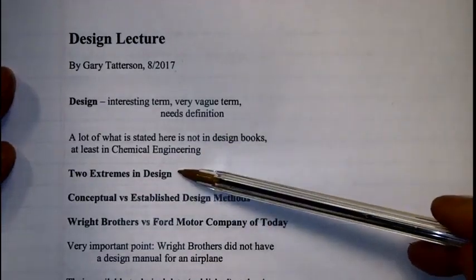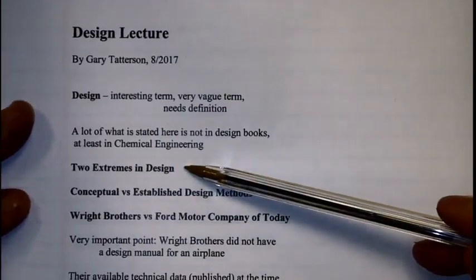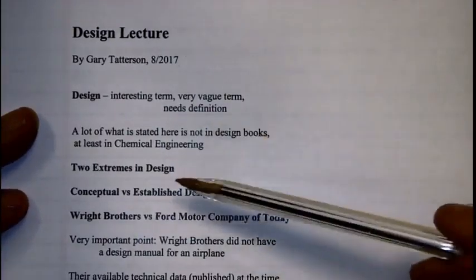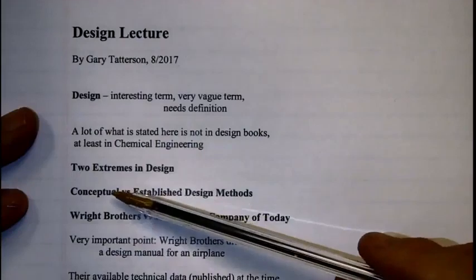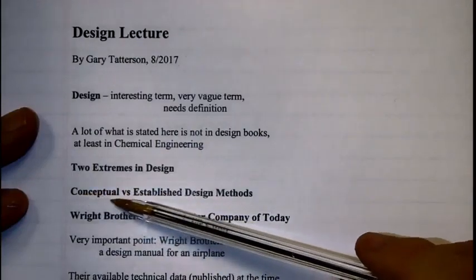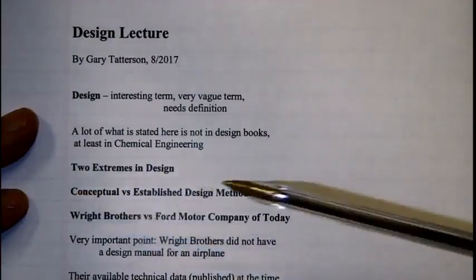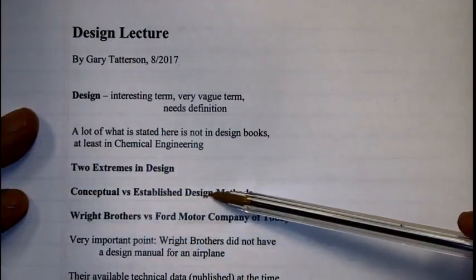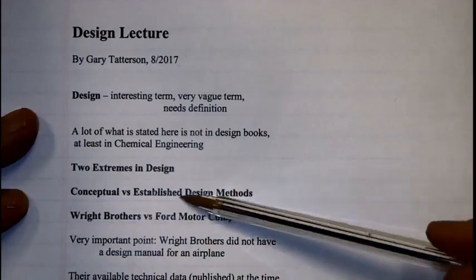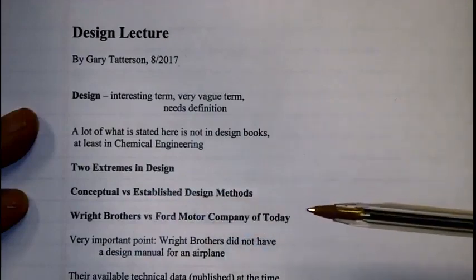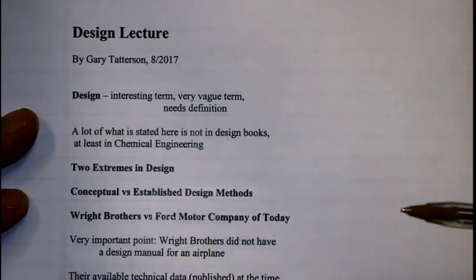The first thing you should recognize about design is there are extremes in design. On one side, you have conceptual design. You might want to call that innovation. As opposed to that, you have established engineering design methods.